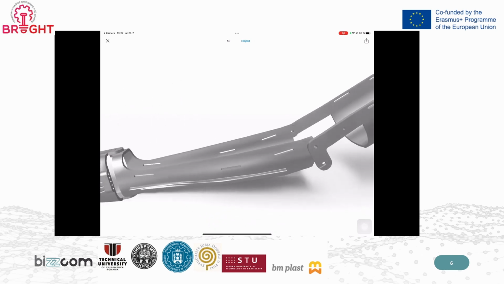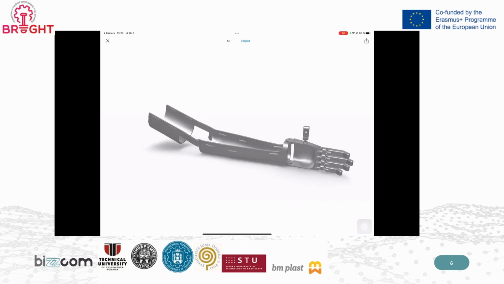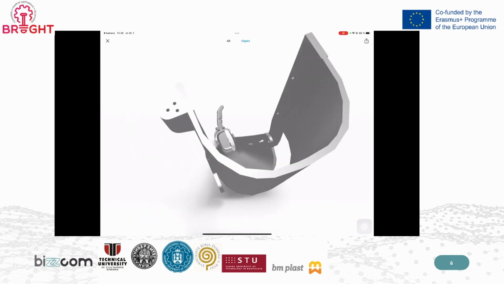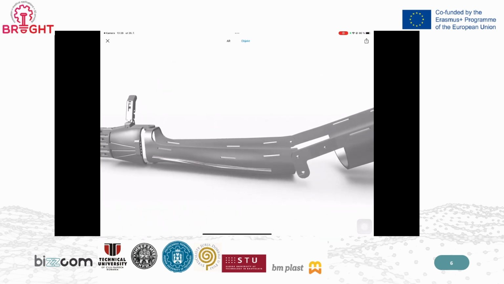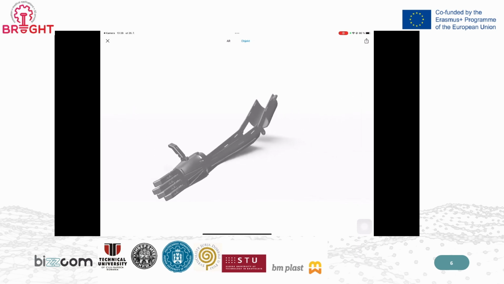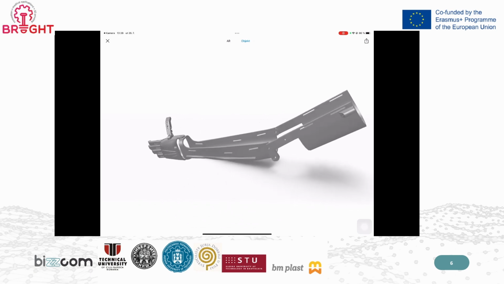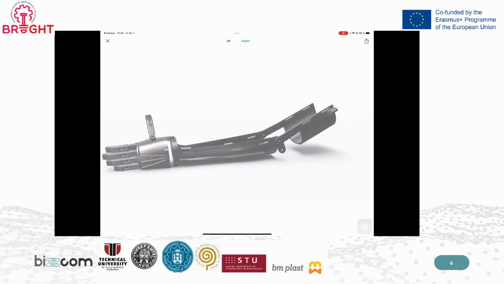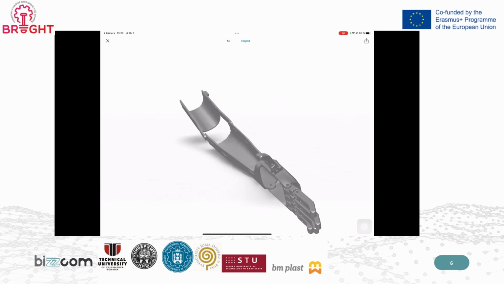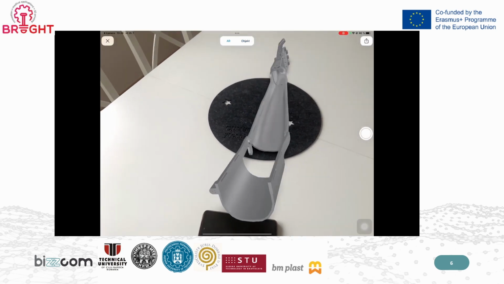We can see details of what the object consists of after zooming in. We can also easily switch back to the AR view by clicking AR button on the menu.